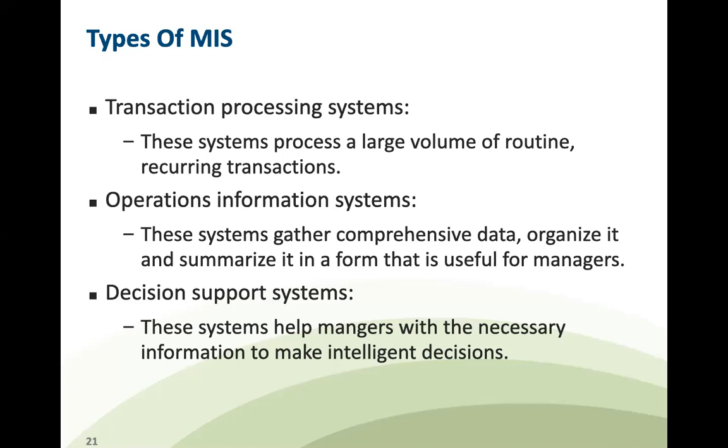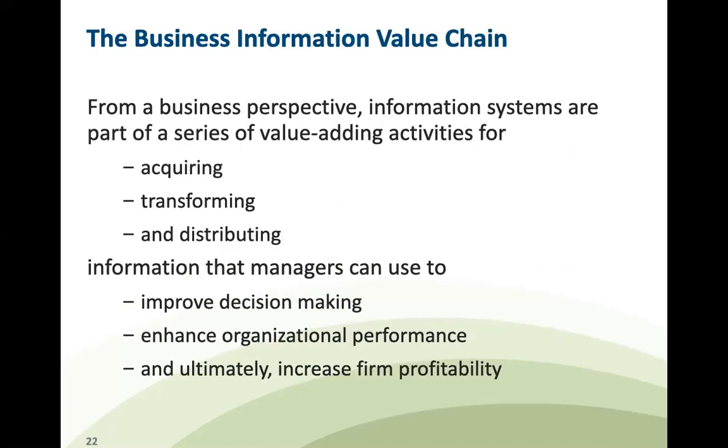Then finally, decision support systems. These systems help managers with the necessary information to make intelligent decisions. By the name itself, you can understand these systems support decision taking. So in order to take intelligent decisions, these systems are used. These are the three types of management information systems available.